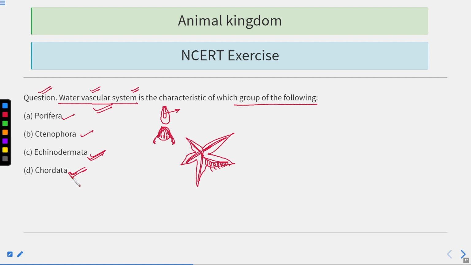Chordata, generally the chordates start moving from the water to the land from here. So the chordates do not have any such water vascular system, though some hemichordates live inside the marine environment, but they do not have any water vascular system. This is a very unique feature of the Echinodermata, for example starfish.